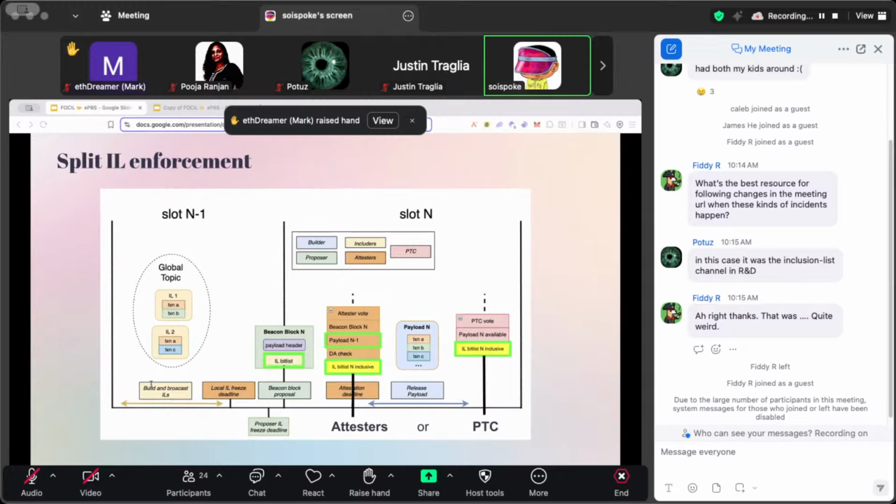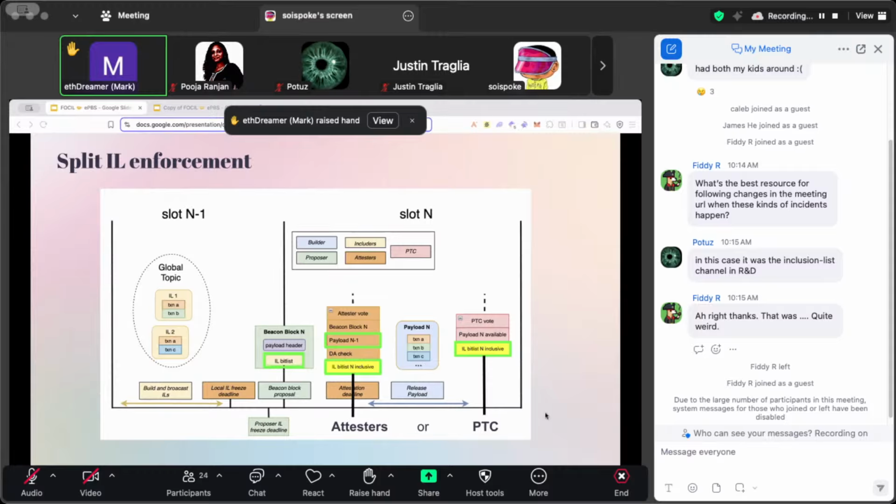Yeah, Mark. I believe another consequence might be that even if the PTC voted against the payload, in theory the next proposer could still build upon it. I'm not 100% on that. Maybe POTUS could shed light. What does it mean to vote against the payload?